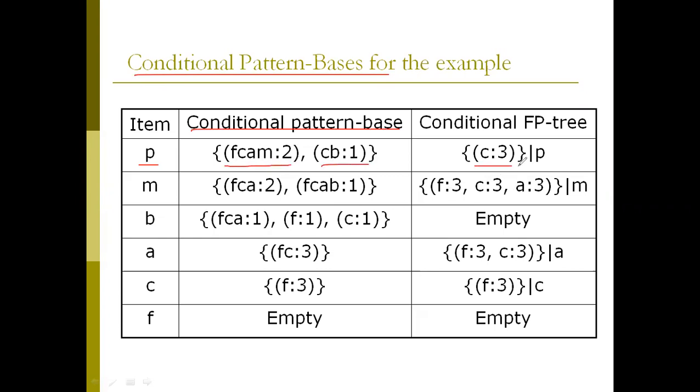Finally C:3 is the conditional FP tree. For M it is FCA:2, FCAB:1, and finally F:3, C:3, A:3 with M.